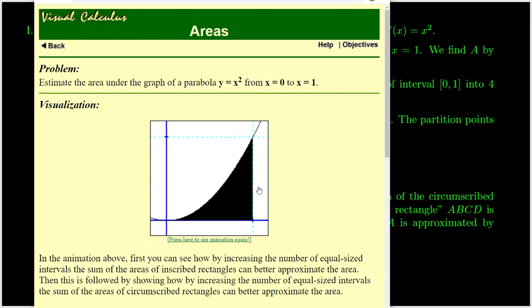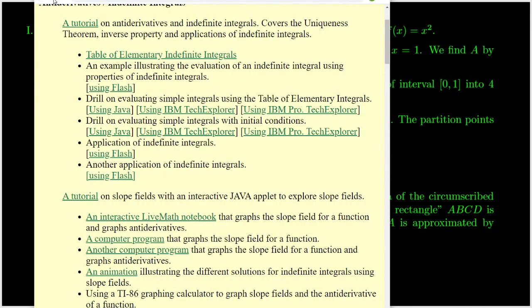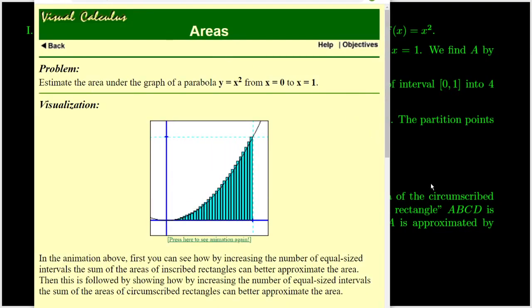Okay, the idea is the following. You watch the screen carefully. We're going to compute the area by doing the following thing. There's an animation.